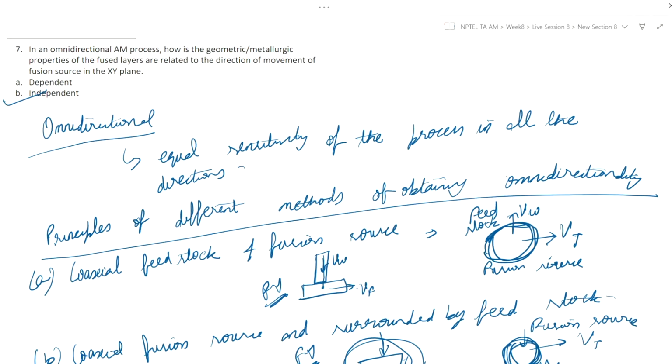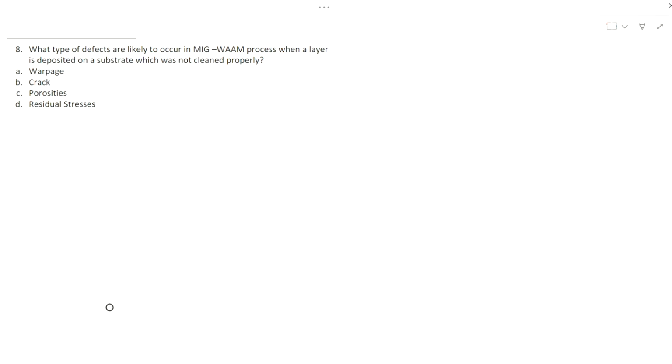Okay, so the next question. What type of defects are likely to occur in the MIG process when a layer is deposited on a substrate which was not cleaned properly? Now earlier we discussed warpage. Now when the substrate is not cleaned properly, we will face porosities.